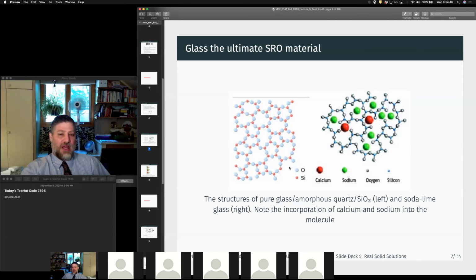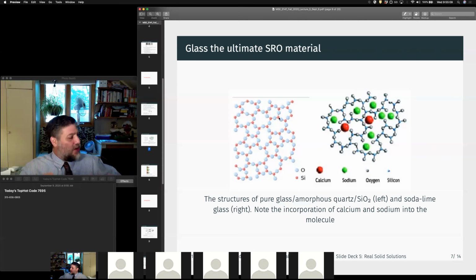So in covalent amorphous materials like the glasses that we're used to, the short range order dominates. It doesn't matter where I'm sitting, my local neighborhood looks the same.